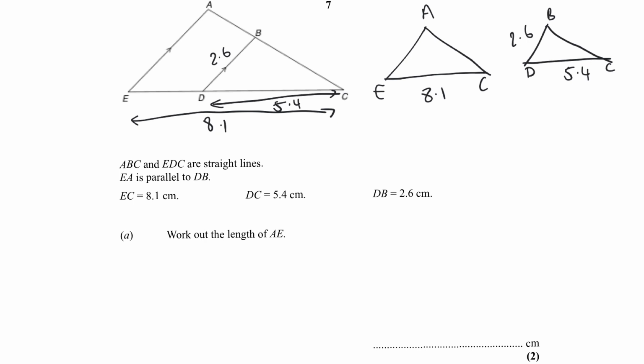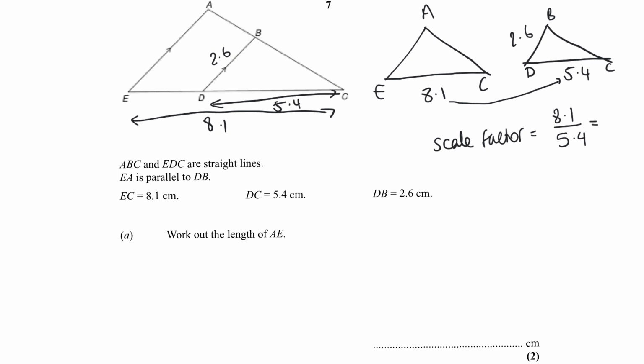So in terms of now working out, we need to work out the common, not the common factor, sorry, the scale factor. So in order to work out the scale factor, to go from the big shape to the little shape, we would have to do 8.1 over 5.4.